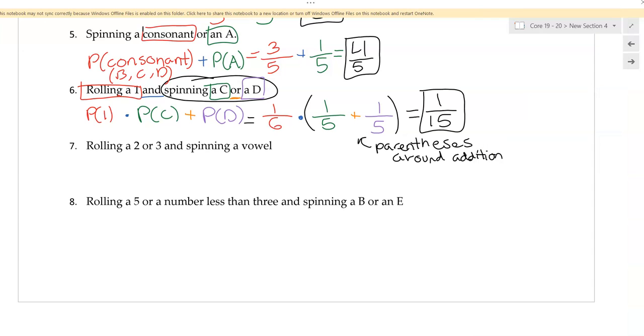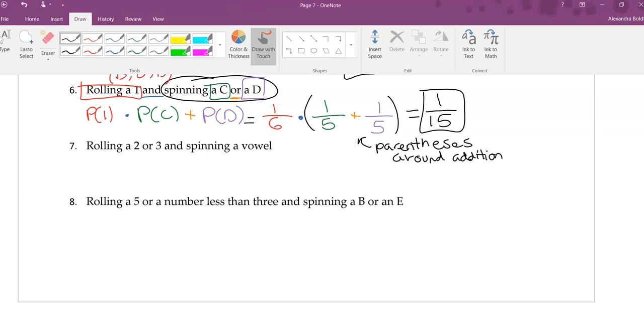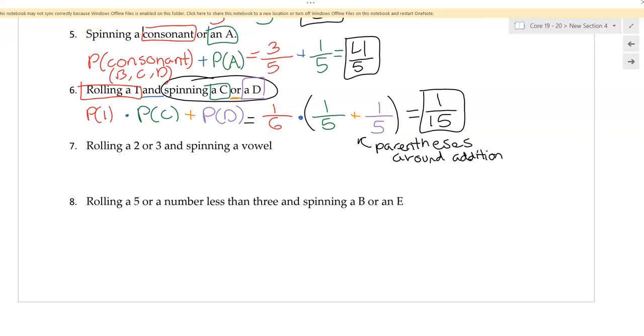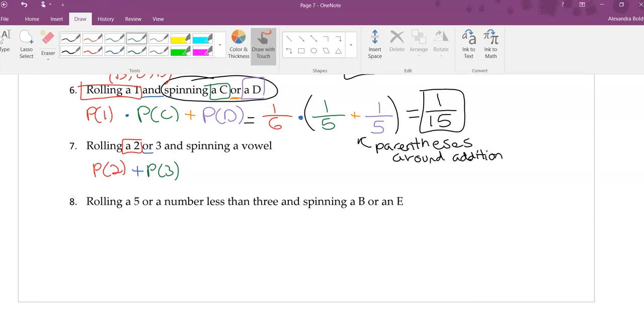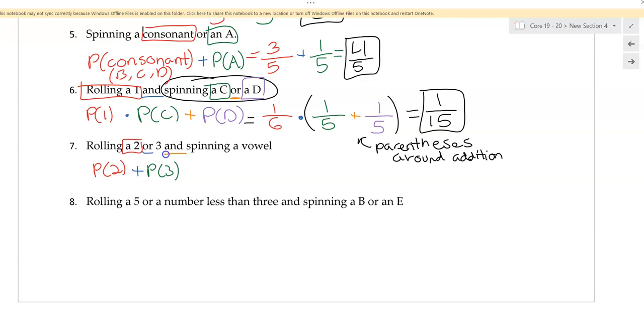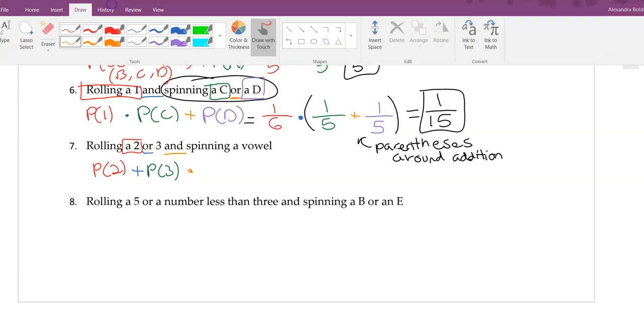Okay. Same thing with this next one, rolling a 2 or a 3 and spinning a vowel. So a 2, probability of 2. Or add 3 and multiply a vowel.